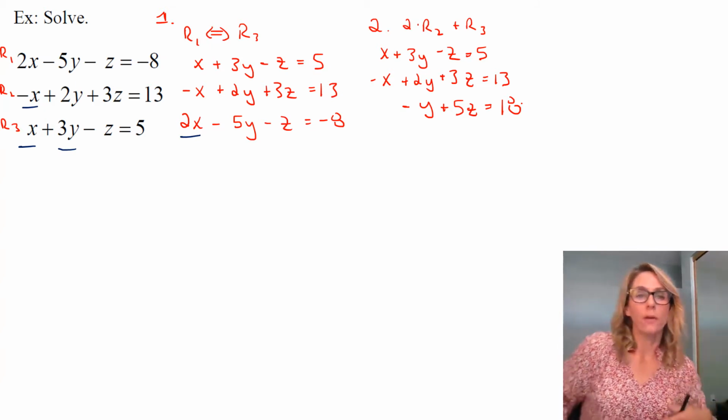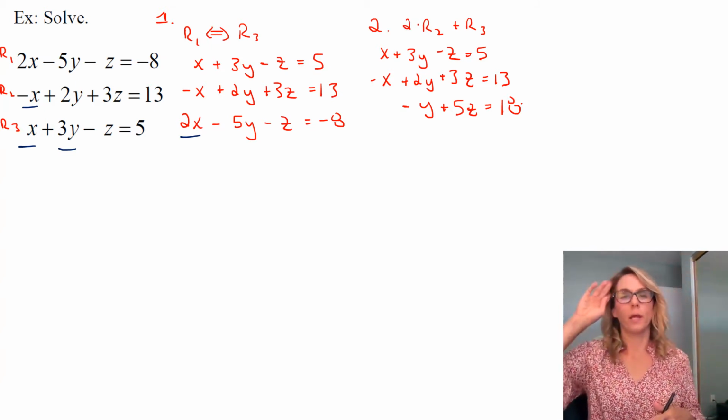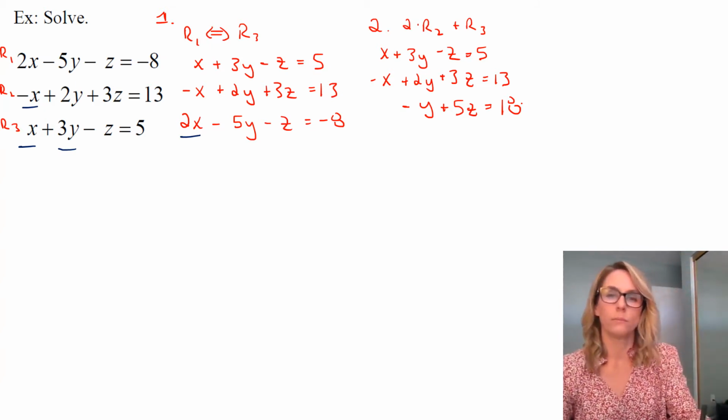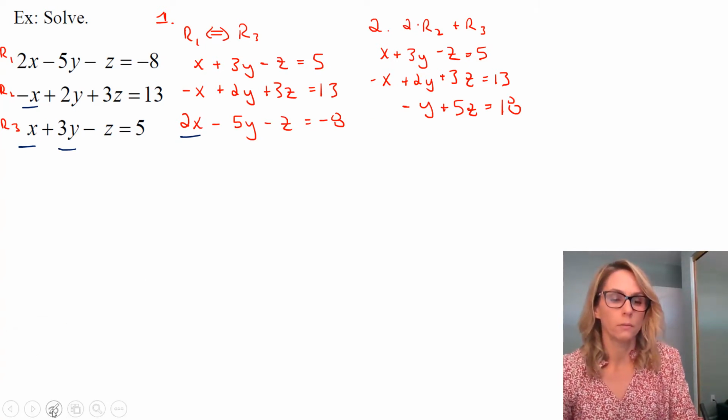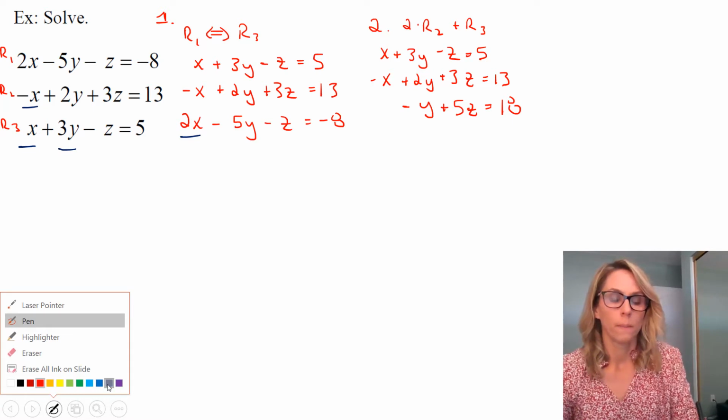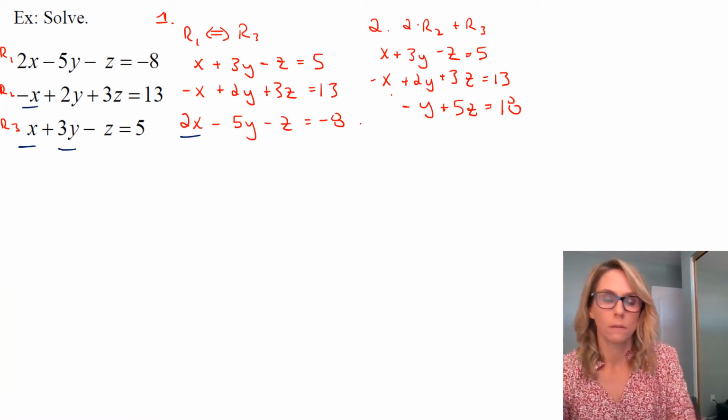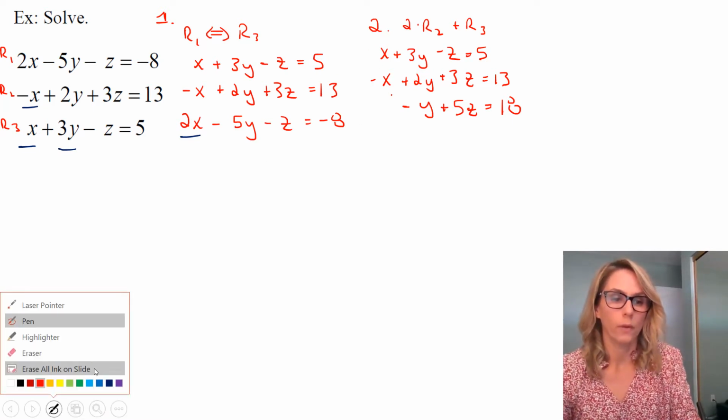Okay, so now that we have that, now the easiest thing to do would actually be to get rid of this negative x that we have here.